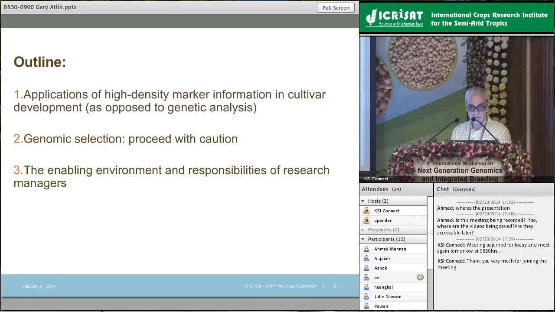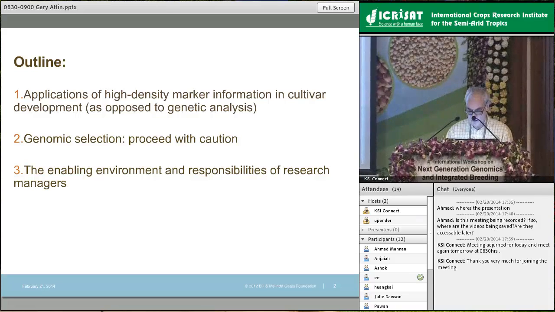And I'd like to finish off with talking about what really needs to be put in place to enable people doing cultivar development to benefit from and exploit high-density genotypic information, talk about the enabling environment that we need to develop and the responsibilities in particular of research managers and donors.